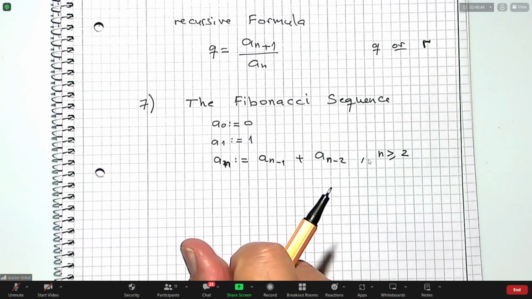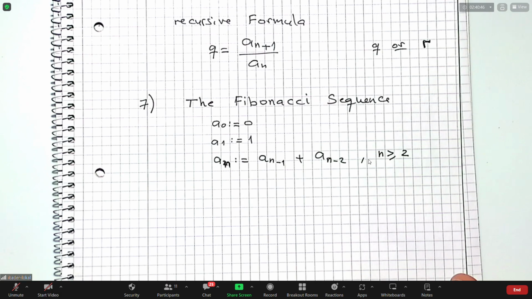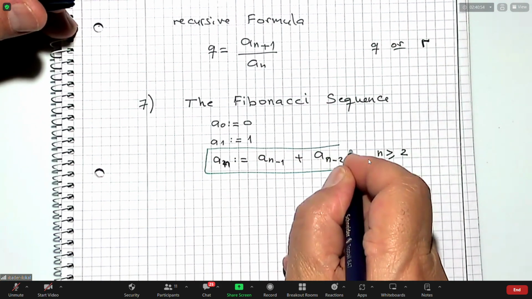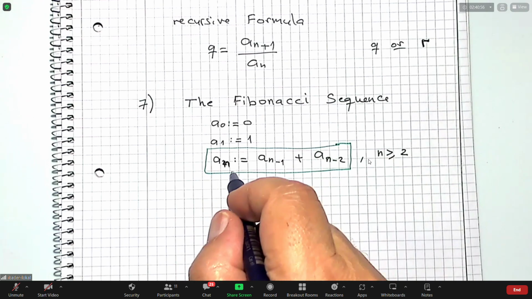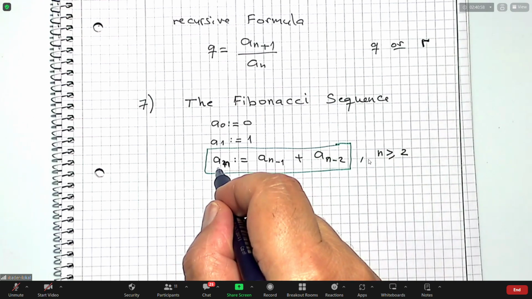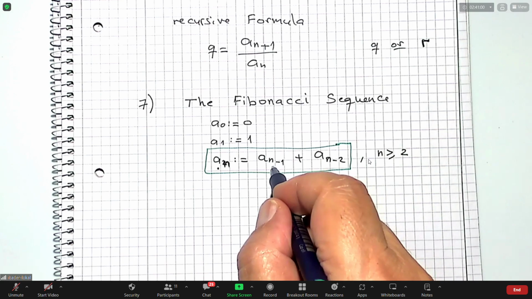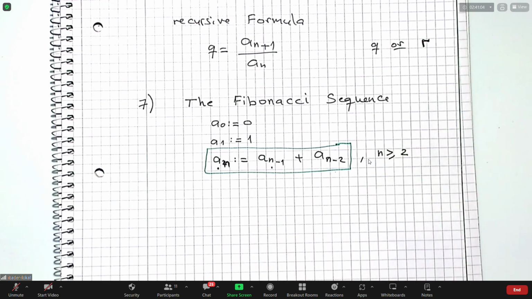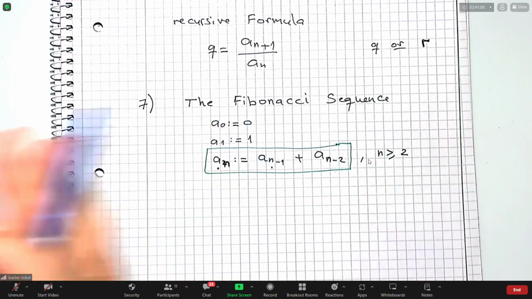That's all. This is all about Fibonacci's sequence. Now, this is a typical example of recursion. It means the current term is just adding the previous term and the previous of the previous term.